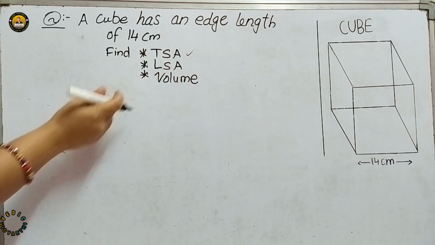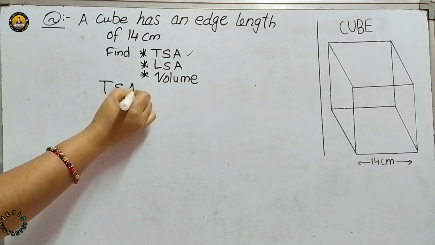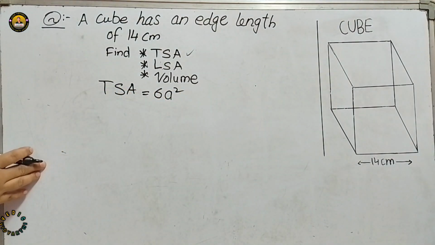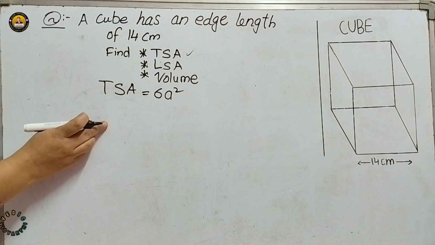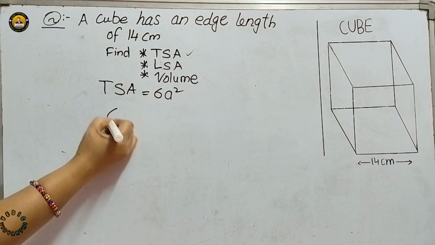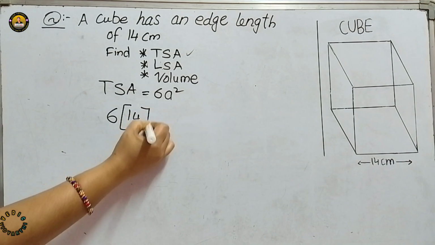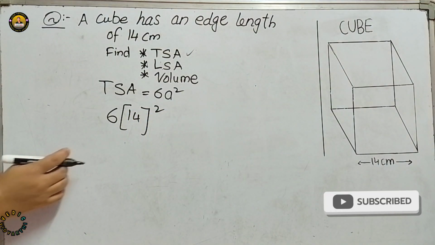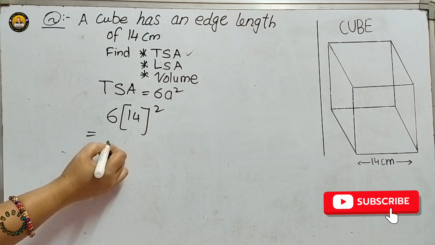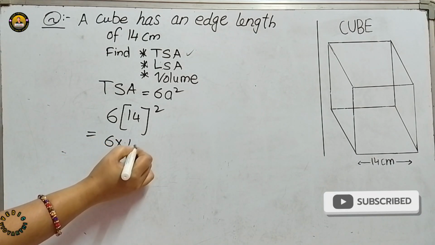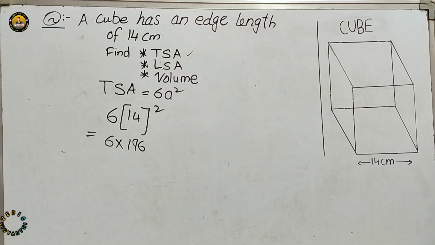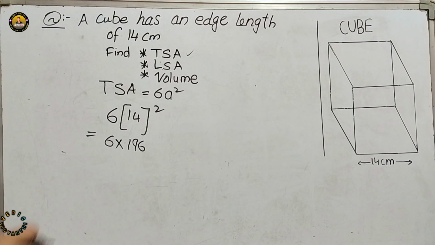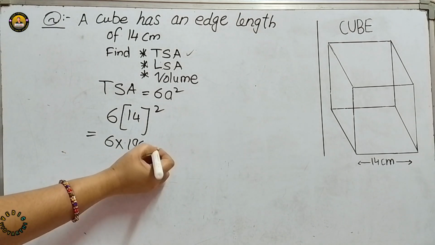We'll find first TSA, total surface area. We have a formula, 6a square. Substitute the value, we will get 6 into 14 square. So 6 into 196, since 14 square is 196.